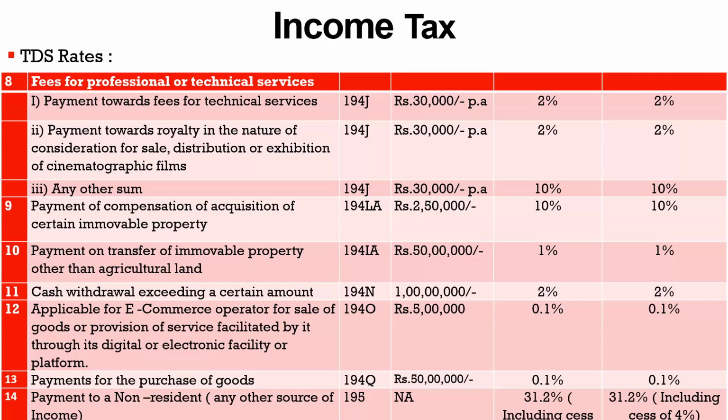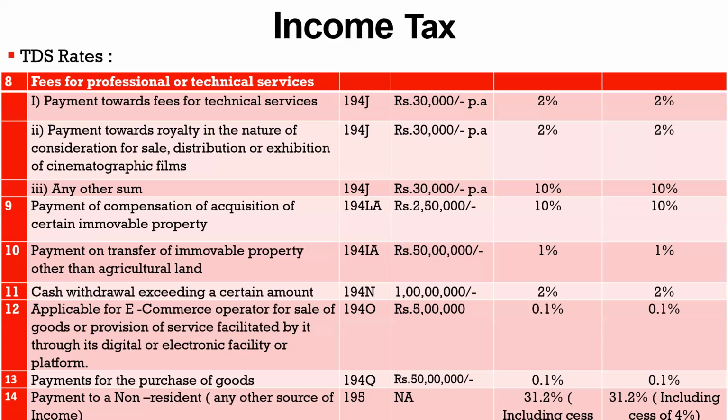In a state, normally a single electricity board is there, and we are purchasing electricity as goods in terms of GST and also in terms of income tax. So if you purchase goods from a single vendor more than 50 lakh, then there is a TDS provision of 0.1%.